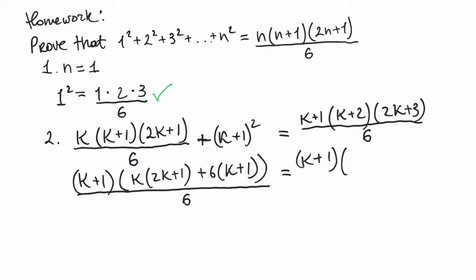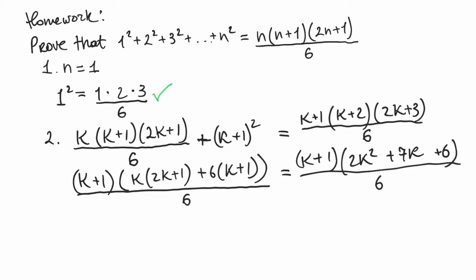So let's multiply that, and we get 2k squared plus 3k plus 4k plus 6, divided by 6, or to put it a little more concisely, 2k squared plus 7k plus 6.